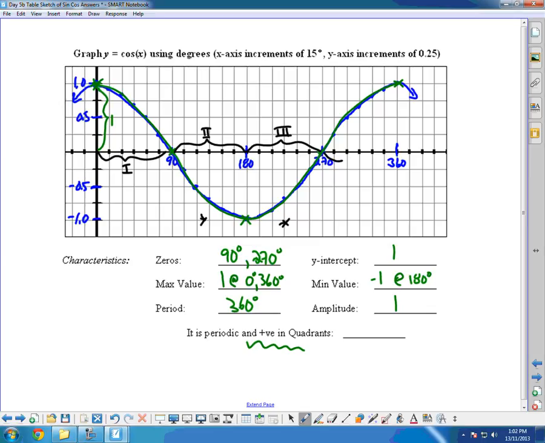But then this final quadrant, it's back up in a positive. So it's positive in the first and fourth quadrant. Again, CAST would have told me that. Where is cosine positive? Well, it's positive down here and here, this being the first quadrant, this being the fourth.